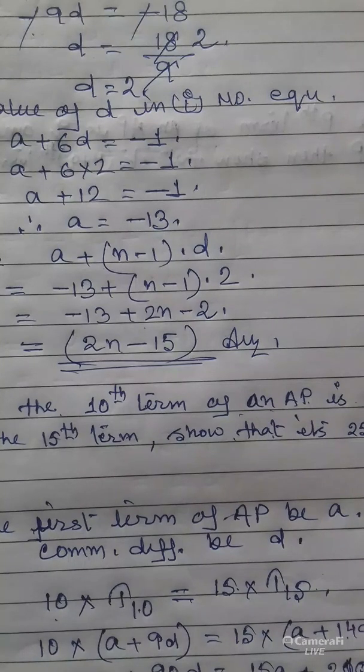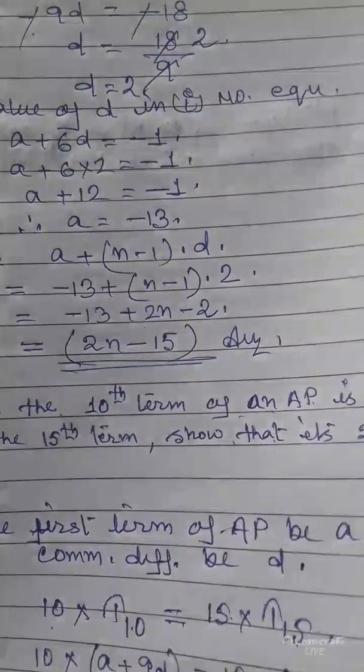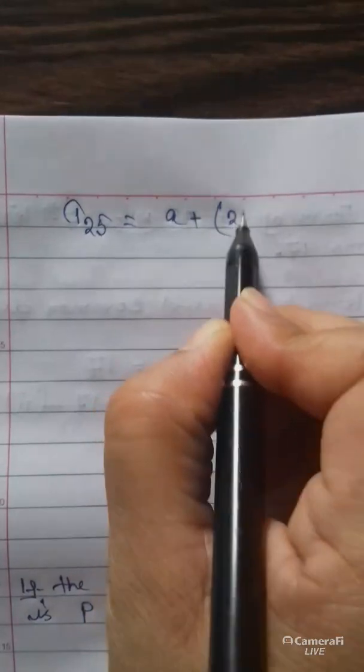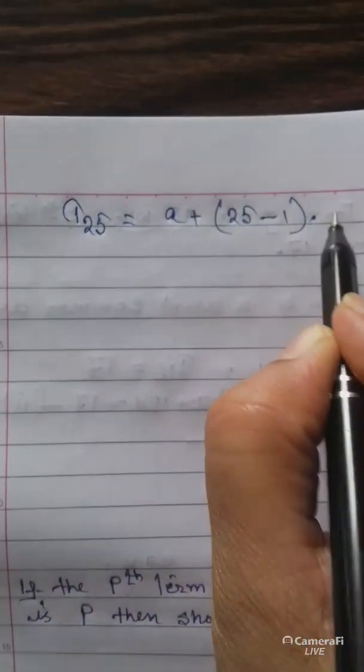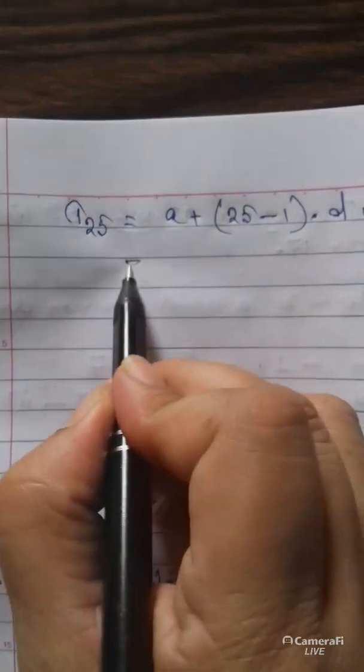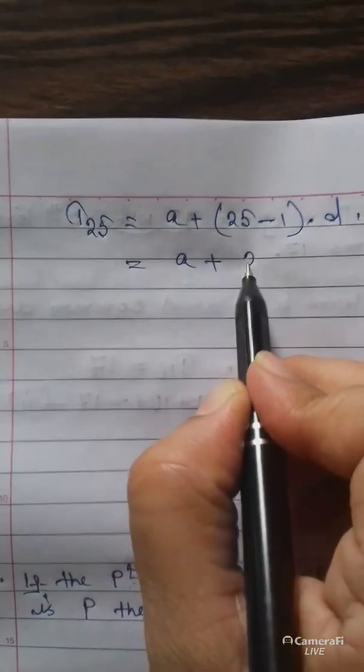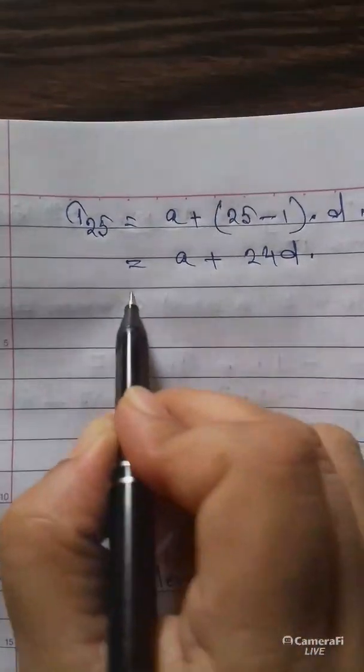Now we can prove the 25th term equal to 0. So we have to find the 25th term. T25 equal to A plus 25 minus 1 into D, so A plus 24D.